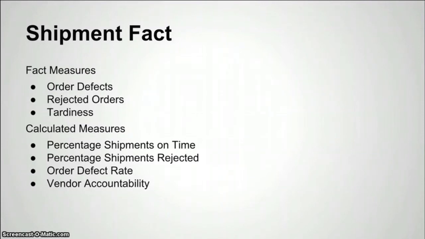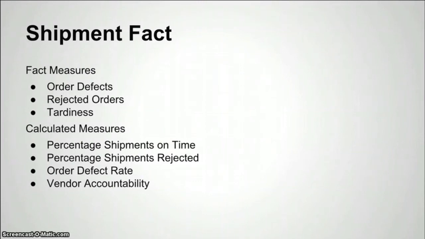For our calculated measures for shipment fact, we will have four. The first, percentage shipments on time, which will be a calculation of the total number of shipments on time over the total number of shipments. Our second will be percentage shipments rejected, which will be a calculation of the total number of shipments rejected over the total number of shipments.